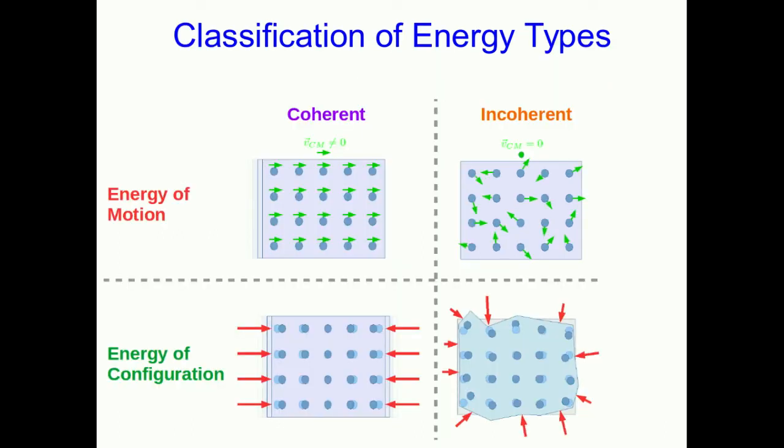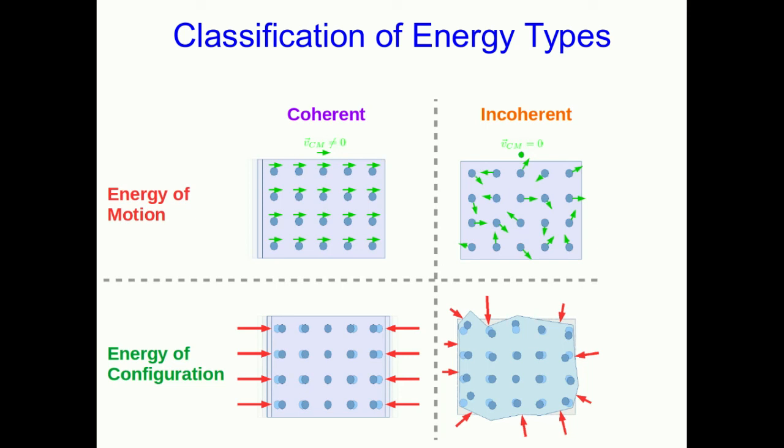We now know enough about the different types of energy to set up a comprehensive classification scheme, and every type of energy that we will encounter will fall within this classification scheme. Broadly, we can divide energies into energies to do with motion and energies to do with configuration, or in other words, how things are positioned relative to each other.